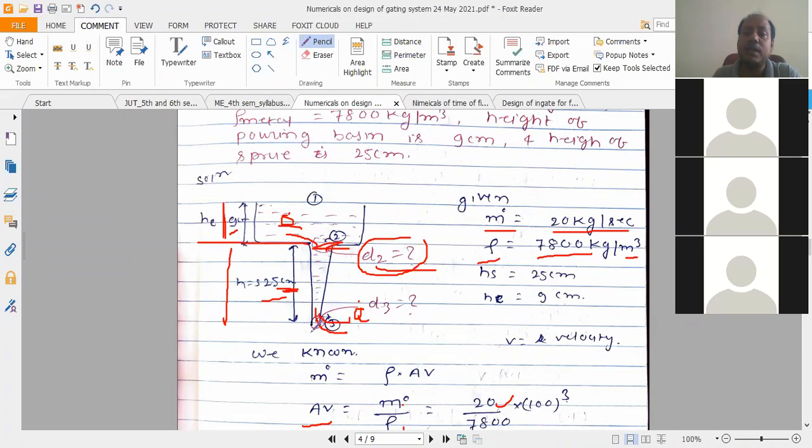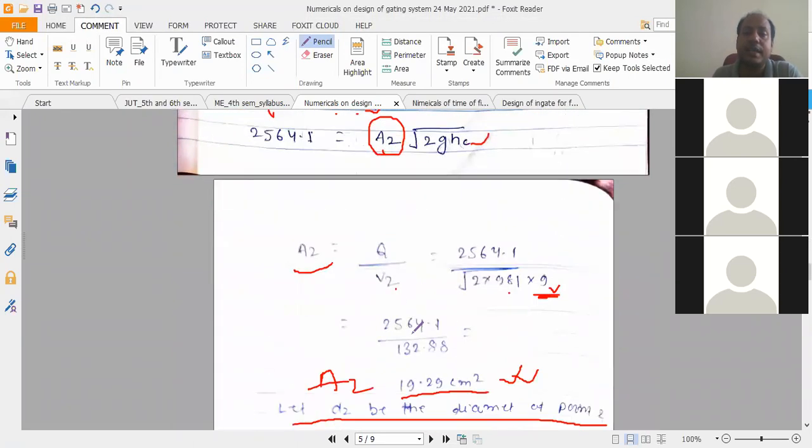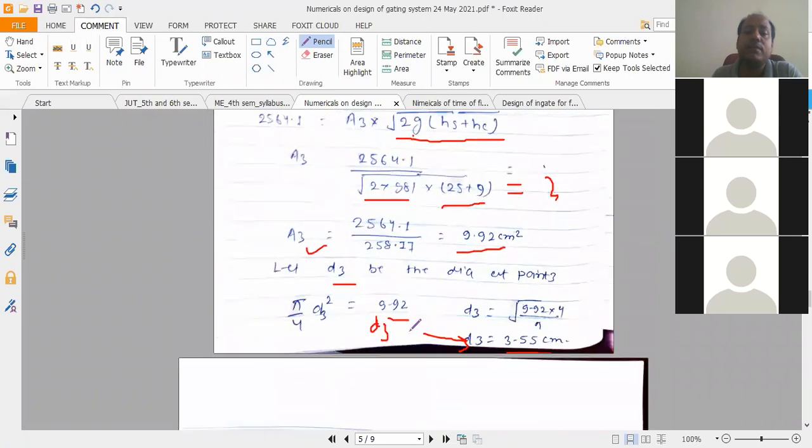So the velocity will rise, and the air aspiration effect will be reduced, because the cross section area will slowly be decreasing and the velocity increasing, so that air aspiration can be neglected. So you can find the dimension at all the points, at entry and exit.